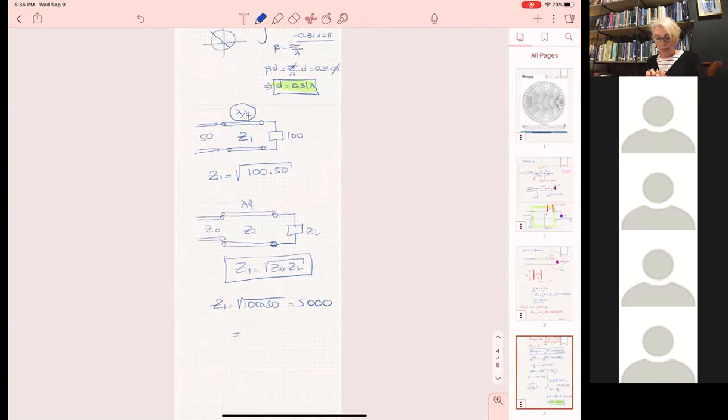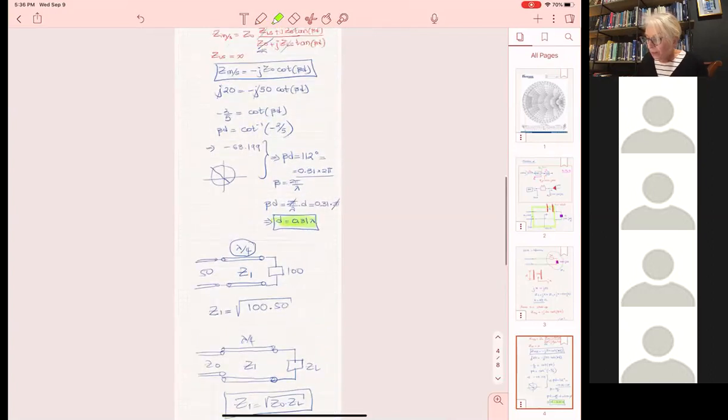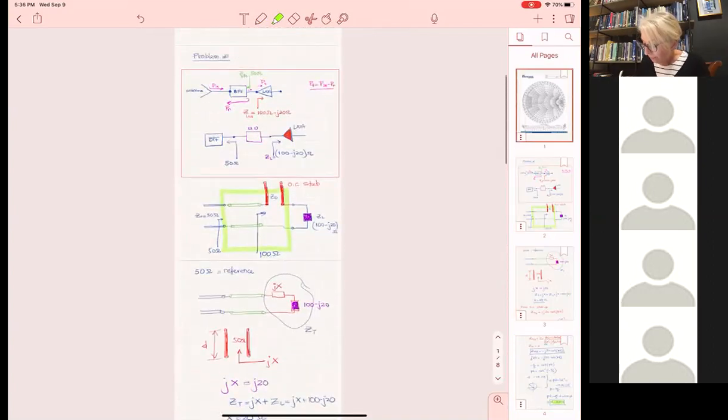It is 70.7. So now I solved my problem. All right, this one and this one. Because now I can make the one that you see here in the yellow. I found Z1 here. I found D, which is the length.